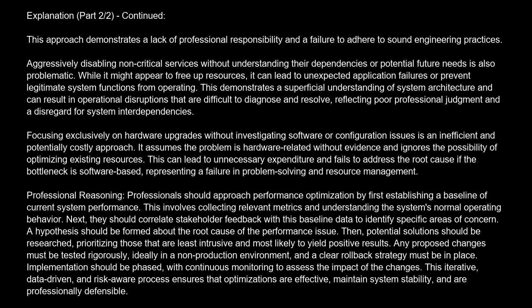Then, potential solutions should be researched, prioritizing those that are least intrusive and most likely to yield positive results. Any proposed changes must be tested rigorously, ideally in a non-production environment, and a clear rollback strategy must be in place. Implementation should be phased, with continuous monitoring to assess the impact of the changes. This iterative, data-driven, and risk-aware process ensures that optimizations are effective, maintain system stability, and are professionally defensible.